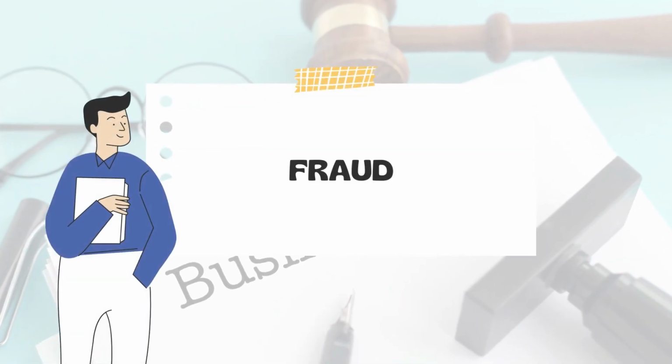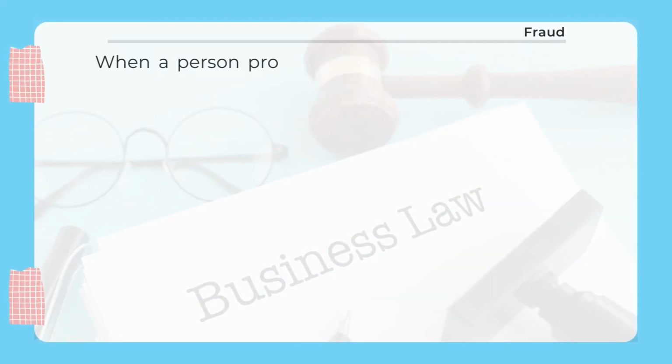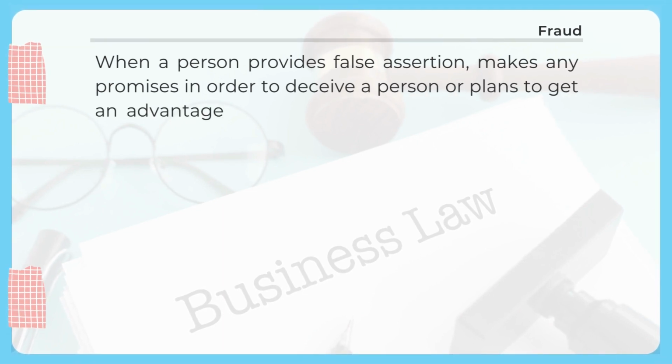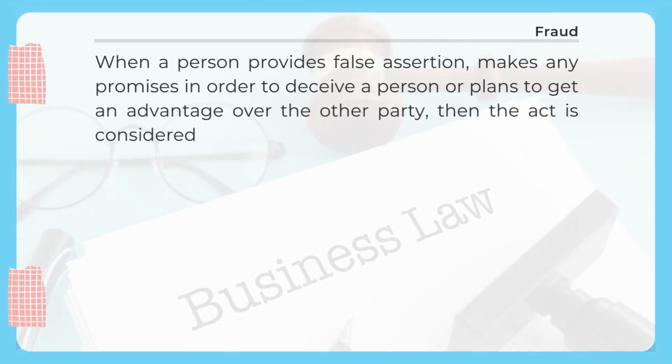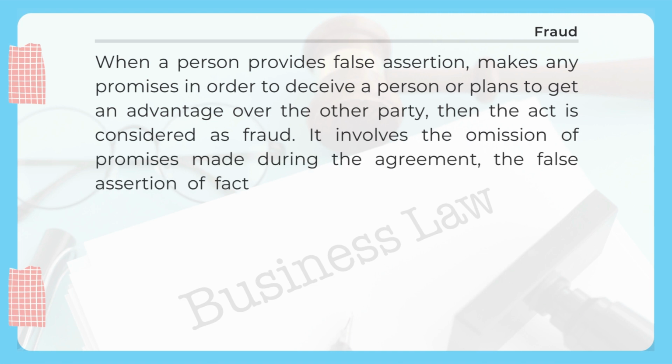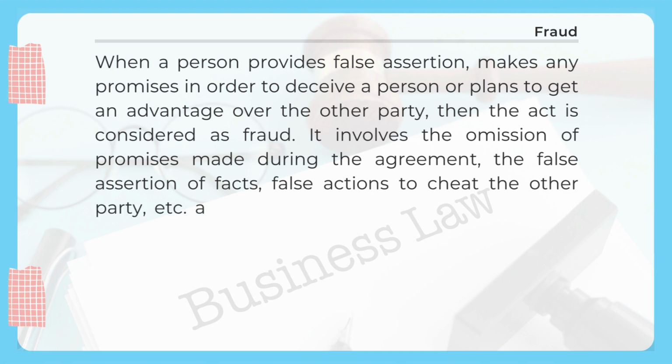A very important aspect is fraud. When we talk of fraud, it is when we have an intention to cheat someone, deceive someone. So, another important aspect and factor of free consent is fraud. When any person provides false information, false assertions, makes wrong promises to cheat a person or plans to get an advantage over the other party, then this act is considered as fraud.